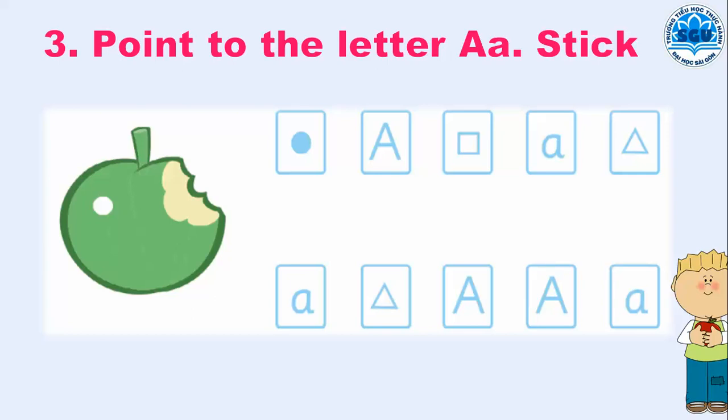Wow, amazing! You did very well. And now we come to activity 3. Point to the letter A. Stick the stickers. In this part, let's find down sticker letter A at the end of the book.